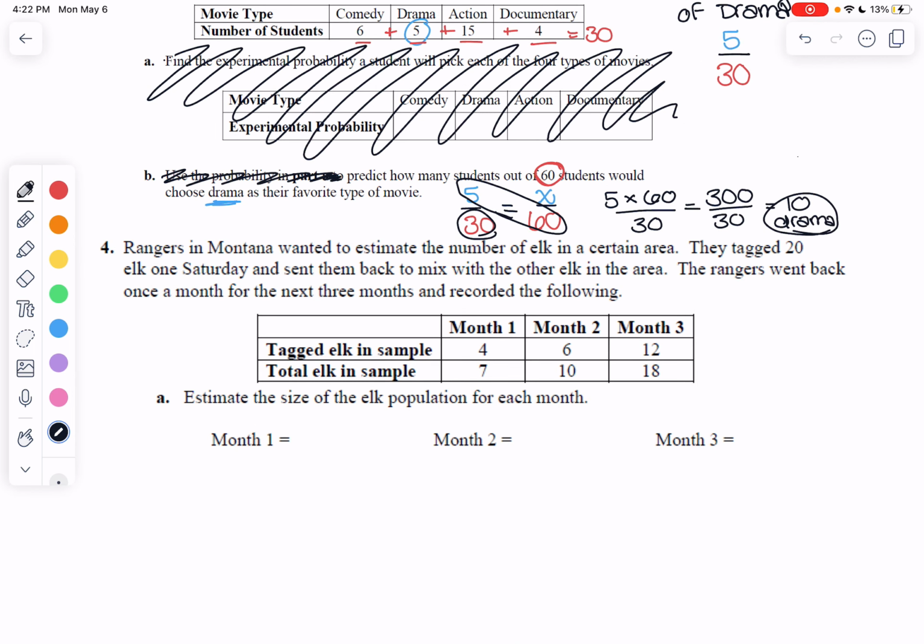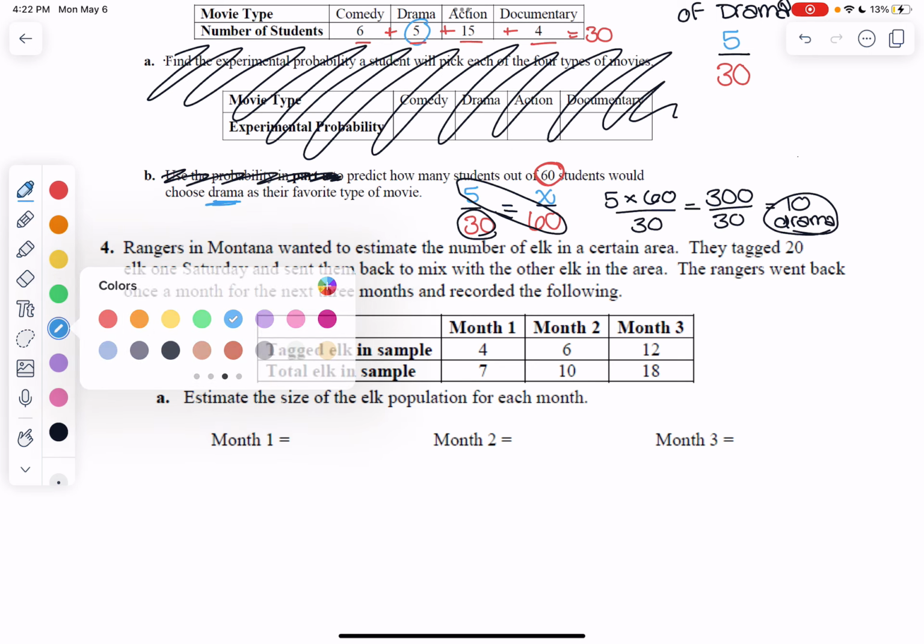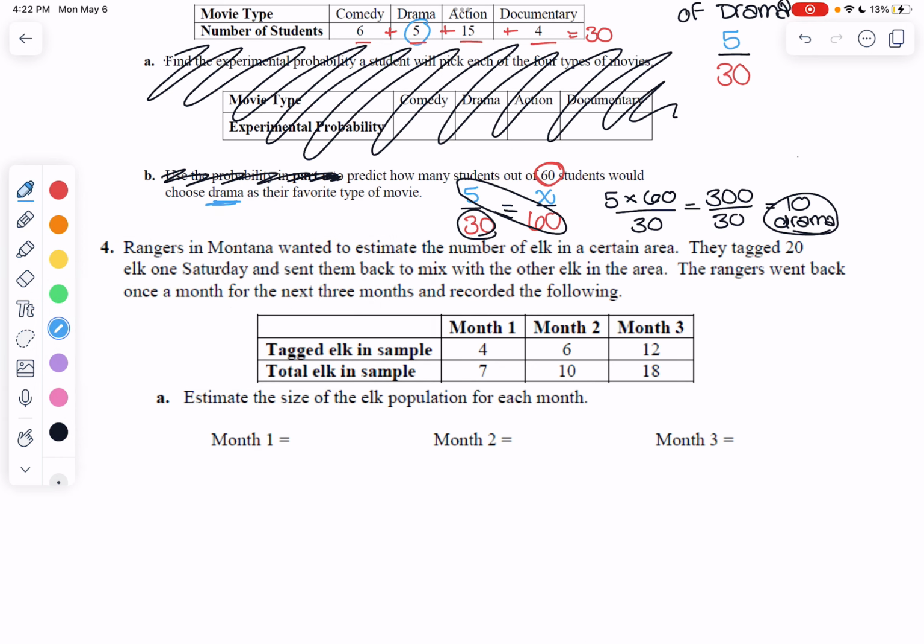My last one, number 4. Number 4 says, rangers in Montana wanted to estimate the number of elk in a certain area. They tagged 20 elk one Saturday and sent them back to mix with the other elk in the area. The rangers went back once a month for the next 3 months and recorded the following. So it says each month I talk about tagged elk and I talk about the total elk in the sample, okay?